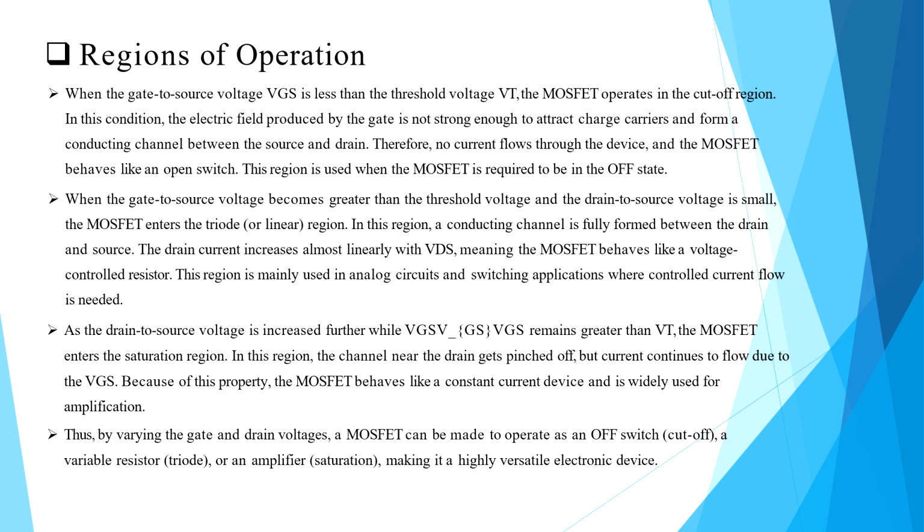Because of this property, the MOSFET behaves like a constant current device and is widely used for amplification. Thus, by varying the gate and drain voltage, a MOSFET can be made to operate as an off switch (cutoff), a variable resistor (triode), or an amplifier (saturation), making it a highly versatile electronic device.